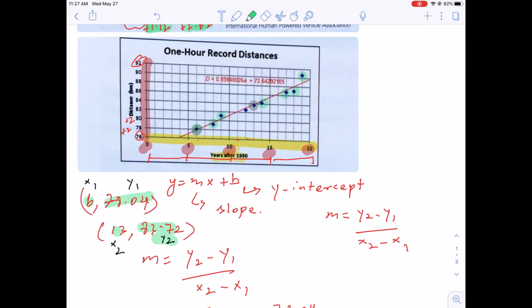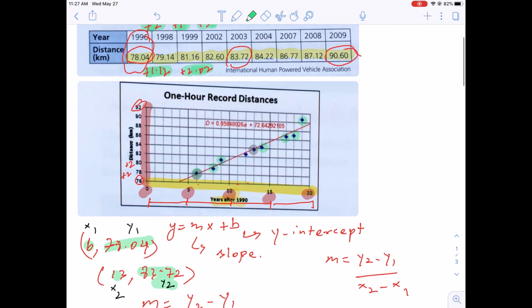So the point that I will choose is this point, because this is touching the line as well. There is a slight touch, which is okay, and that will be of 2004. So it will be 14.